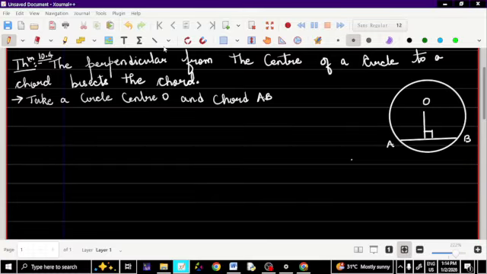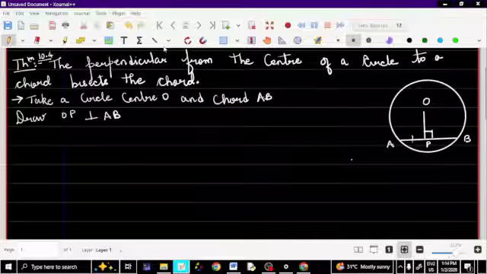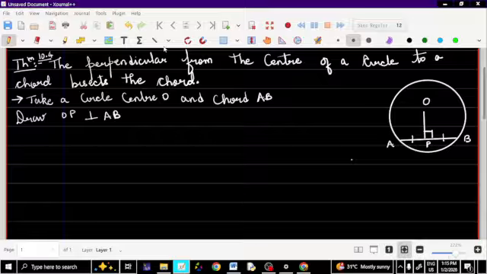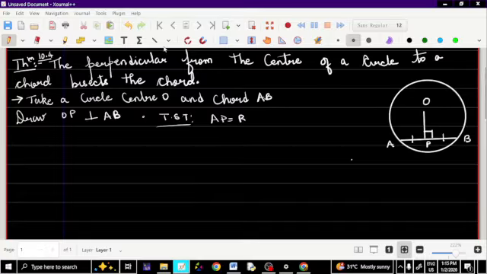So we have drawn OP perpendicular to AB. Now this perpendicular which we have drawn on the chord, we have to prove that it bisects the chord. That means it divides the chord into two parts. So we have to show that AP is equal to BP.